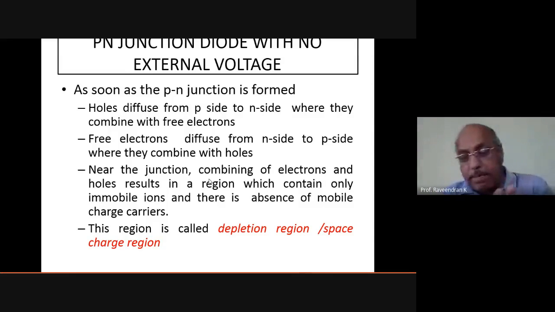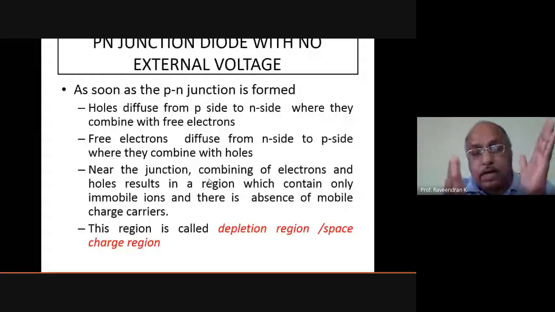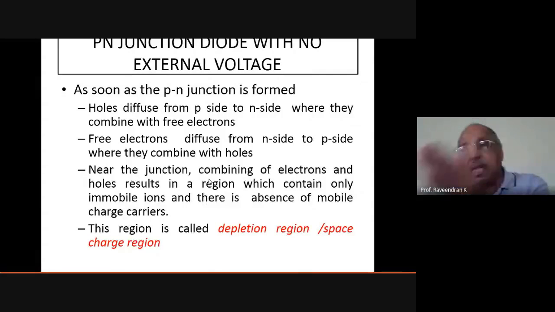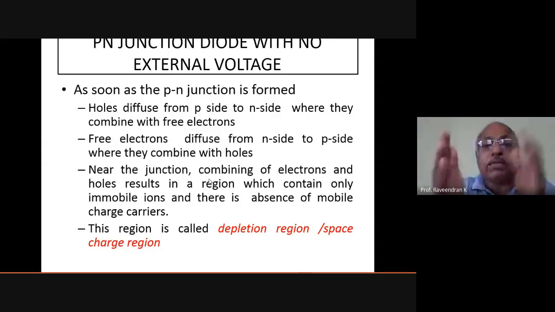When electrons are recombining with the holes in the P side, what happens? There will be negatively charged ions there, which are immobile in nature. When the holes are recombining with the electrons in the N-type material, there will be a recombination of electron-hole pairs creating a positively charged ion, which is also immobile in nature.